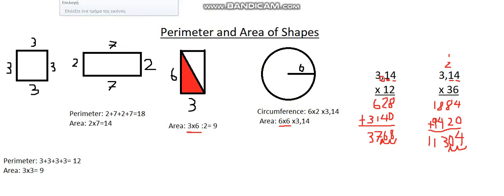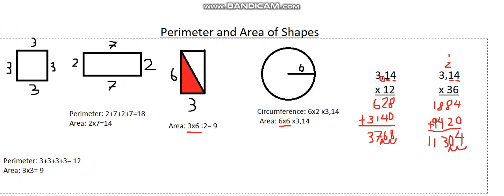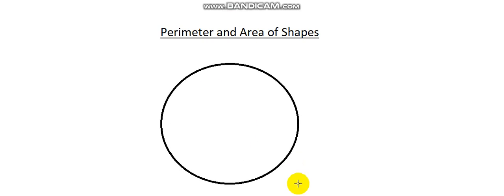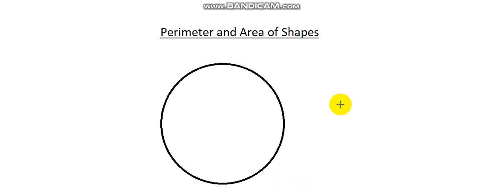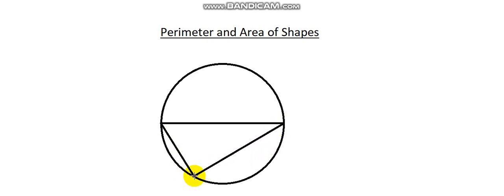Now, let's do some examples of some very specific problems. Let's say I give you a circle, like this one. I take this line, it goes right across it, and then this line, and then this line. Would you look at that? That made a triangle.